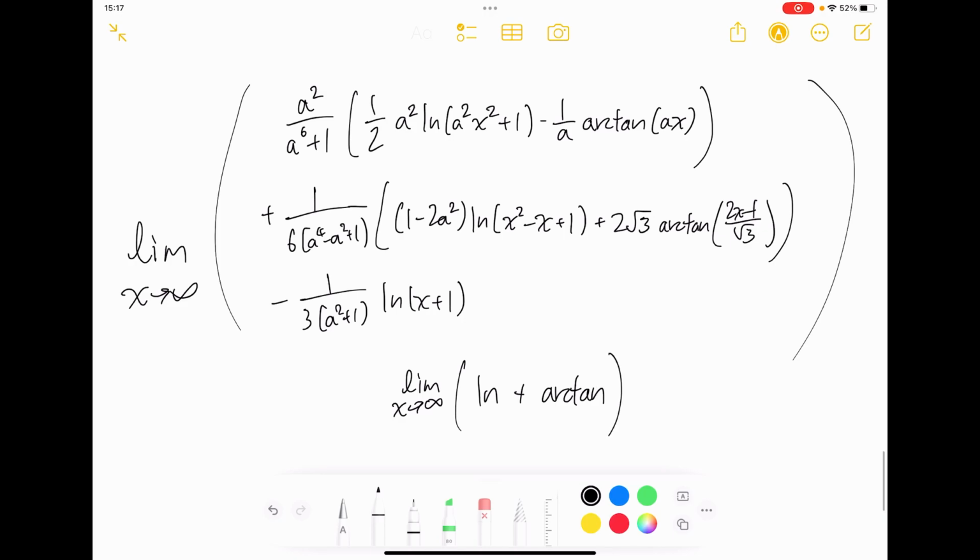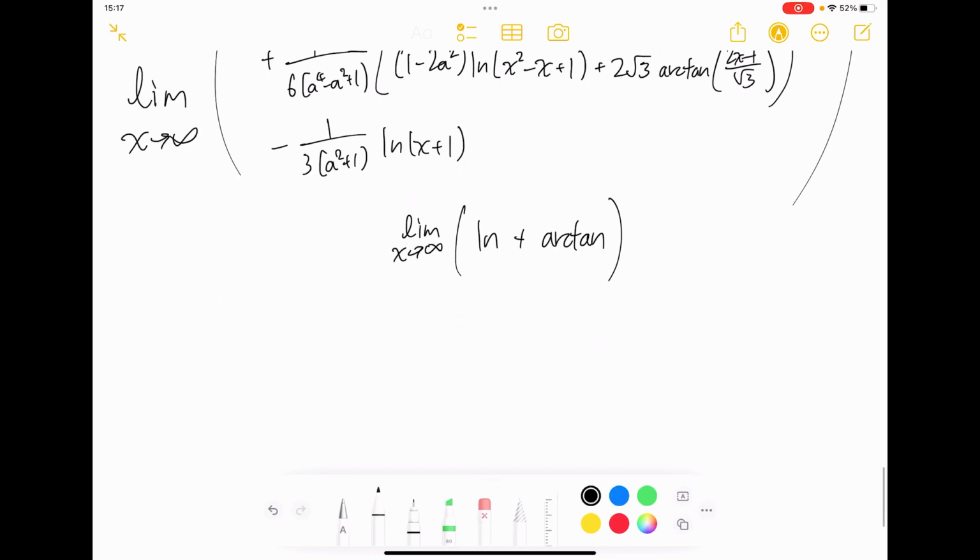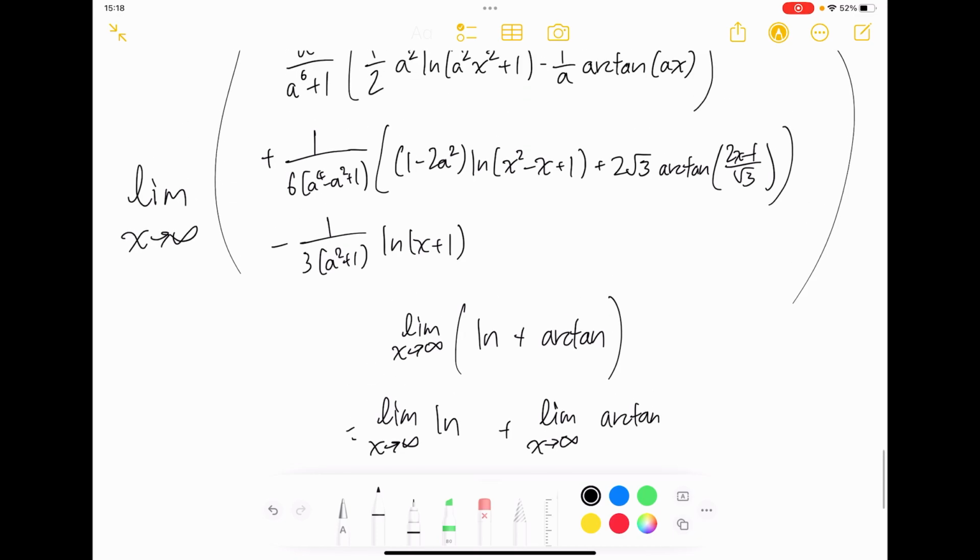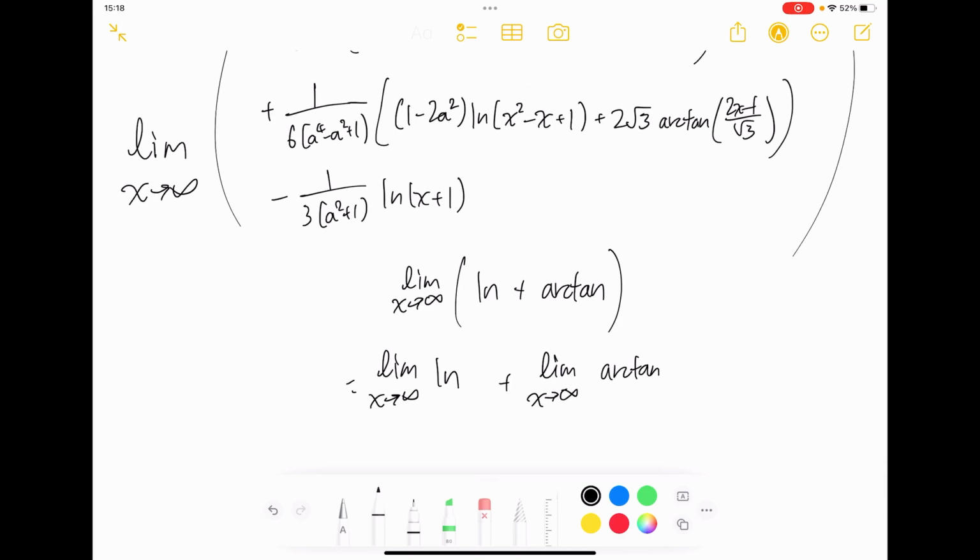So we've got terms with ln in it, they're all packaged in there, and then the terms with inverse tangent, they're all packaged in there. If both parts converge, that will be equal to the limit as x goes to infinity of the ln part plus the limit as x goes to infinity of the arctangent part. And it turns out they do converge, so we will calculate this instead.